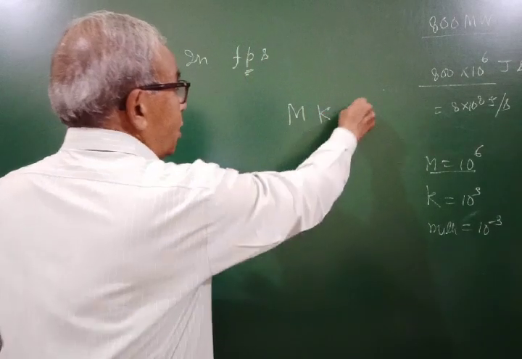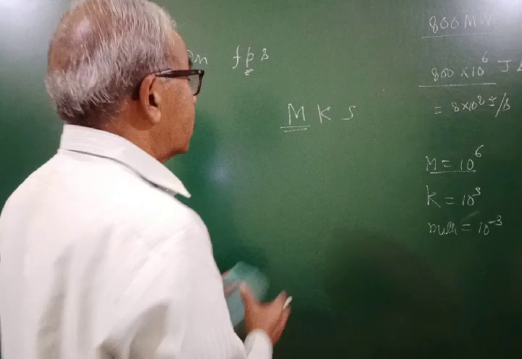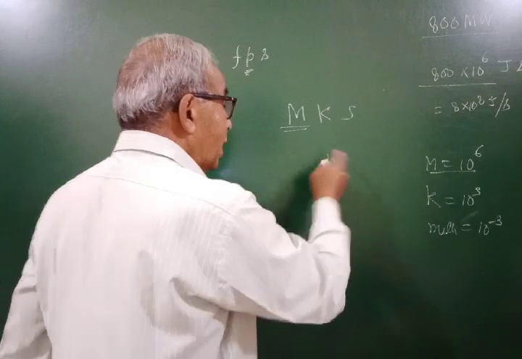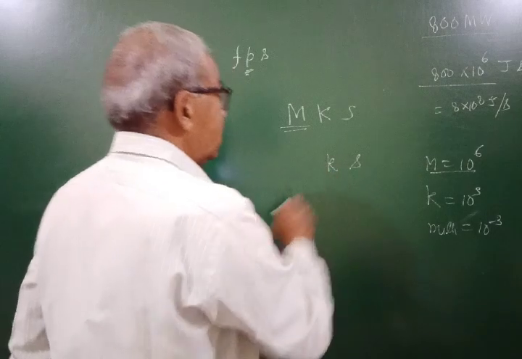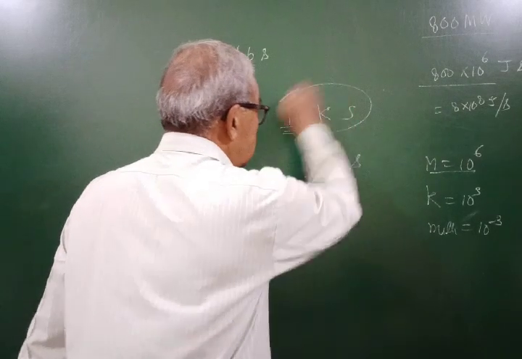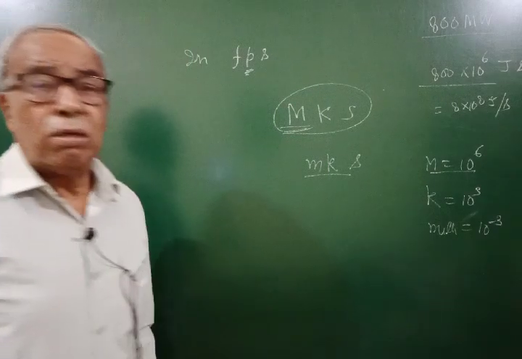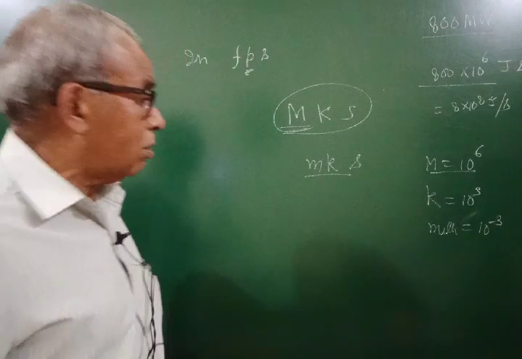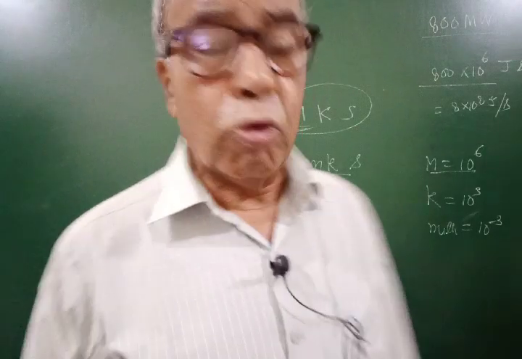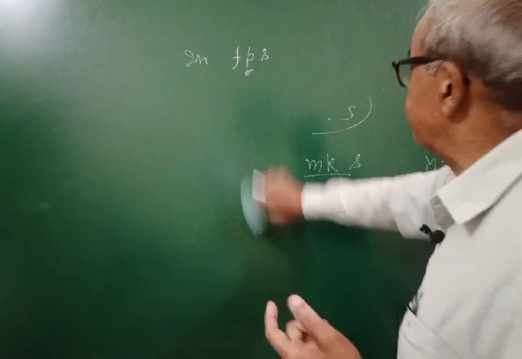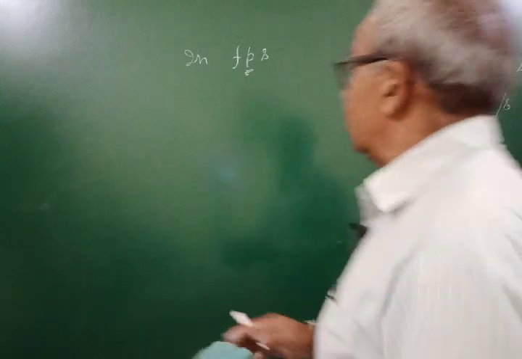Here M stands for meter, K stands for kilo, which is kilogram, and S is second. So it should be MKS, not this one. This is wrong to write. I kept on writing like this, but one day I was reading a book and realised it was wrong.